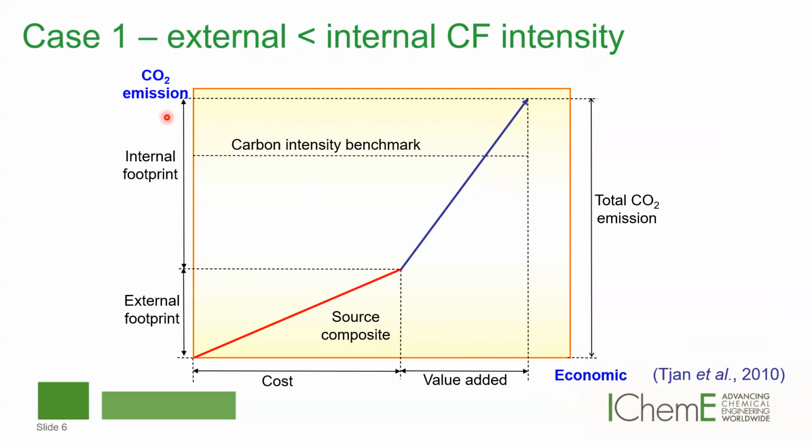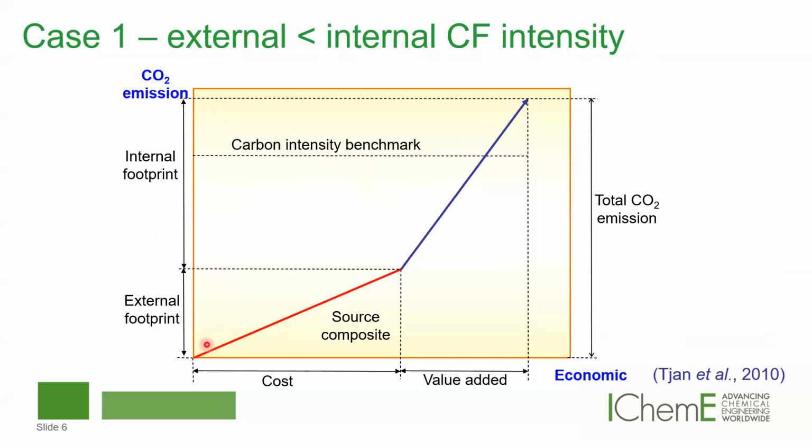Okay, so the measure is tons of CO2 per dollar or per euro. So that's carbon intensity. So case 1 is where the external intensity is lower than the internal.